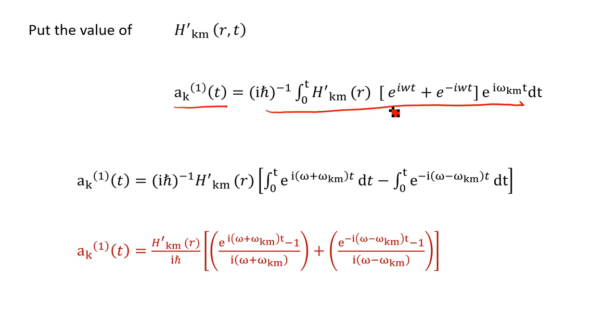Now separating two terms, you will get this. On integrating each term from 0 to t, e to the power i (omega plus omega km) t dt, you will get this term.